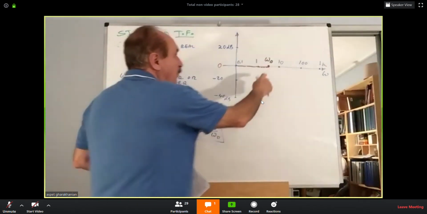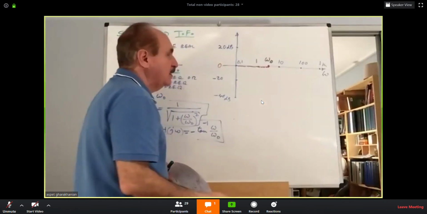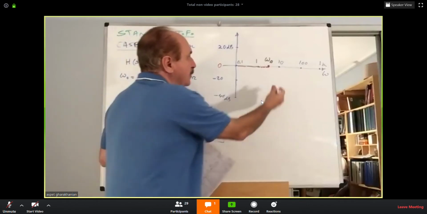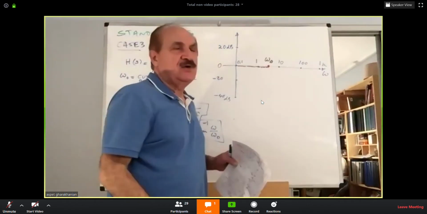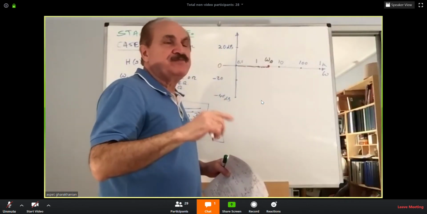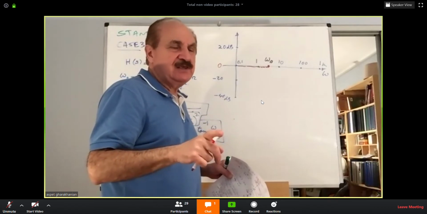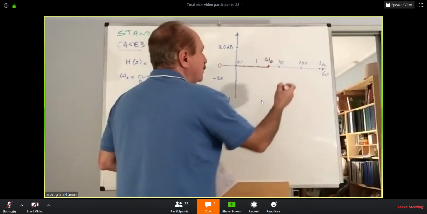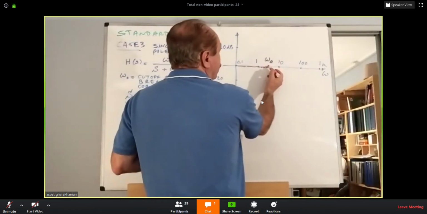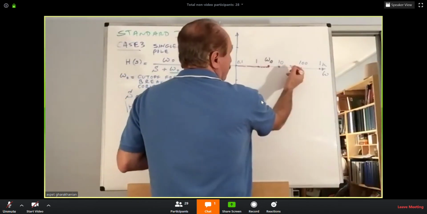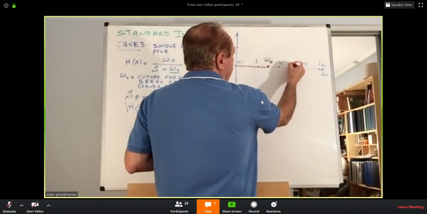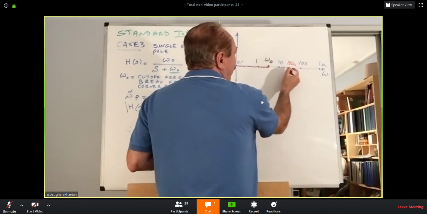Next, from this point onward, draw a straight line with a slope of minus 20 dB per decade. Minus 20 dB per decade. So if this is omega O, the 10 omega O should be here. 10 omega O will be found there.